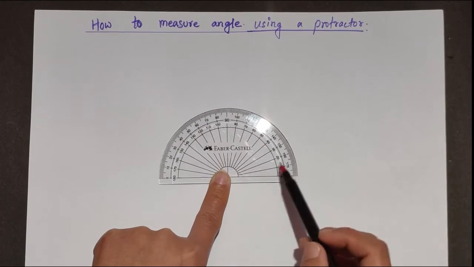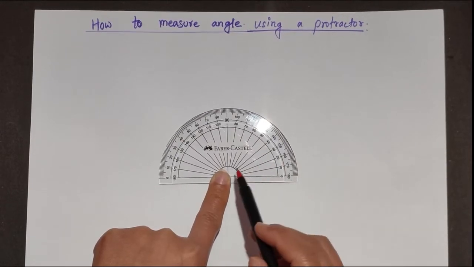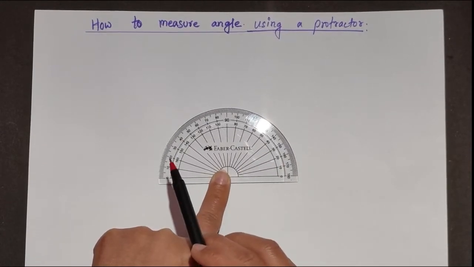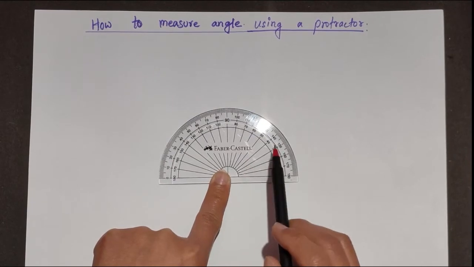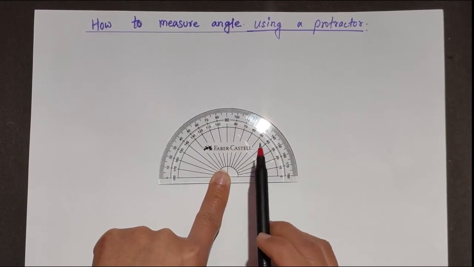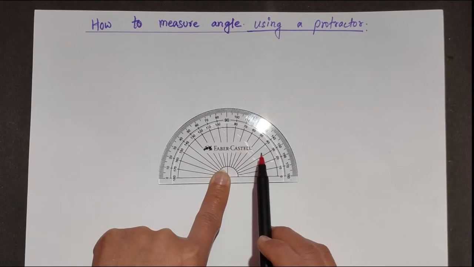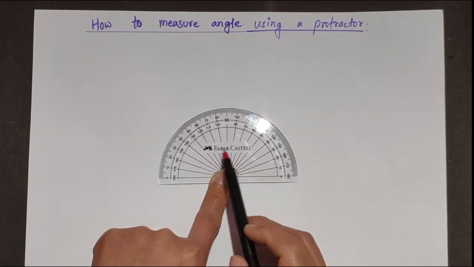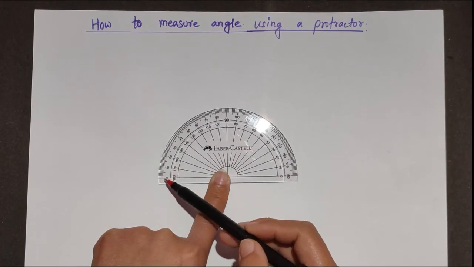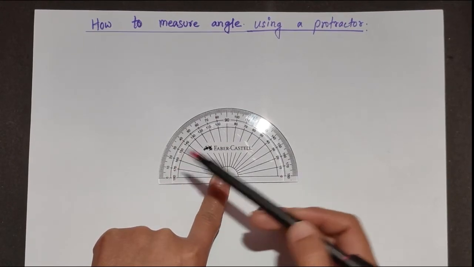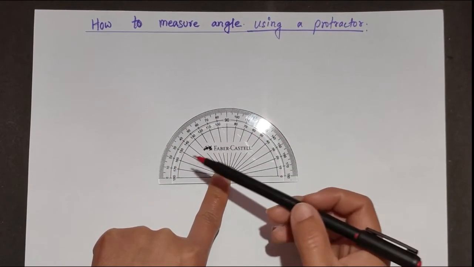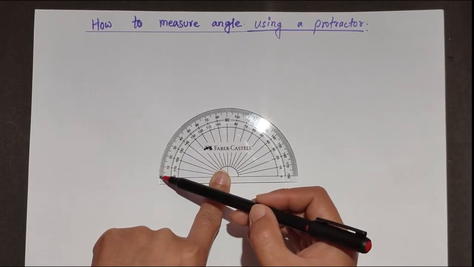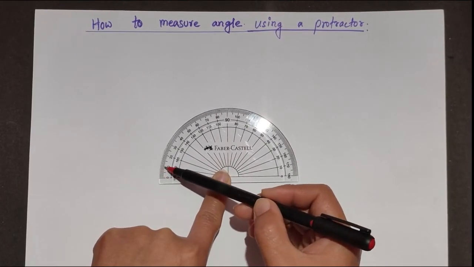So know that the difference between the inner scale and the outer scale is that the 0 starts on the right hand side for the inner scale and on the left hand side for the outer scale.